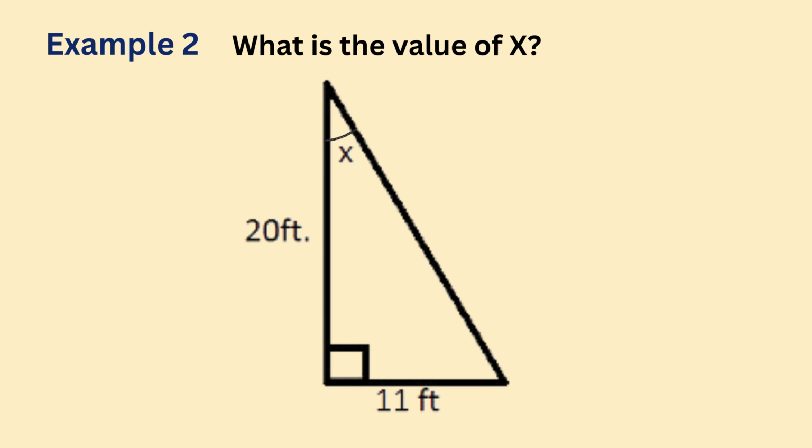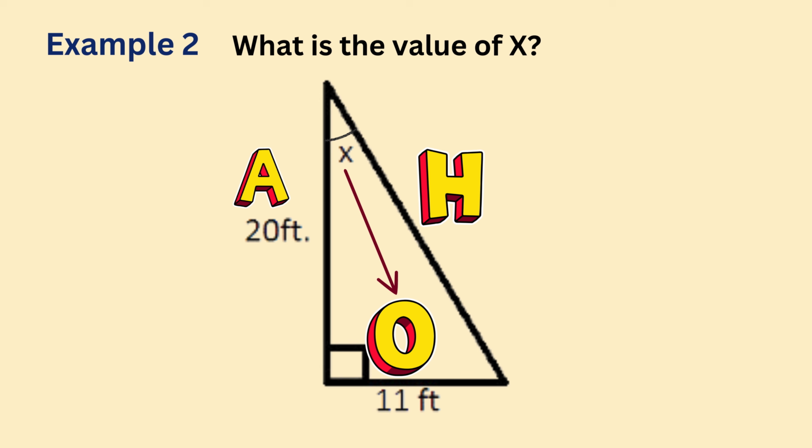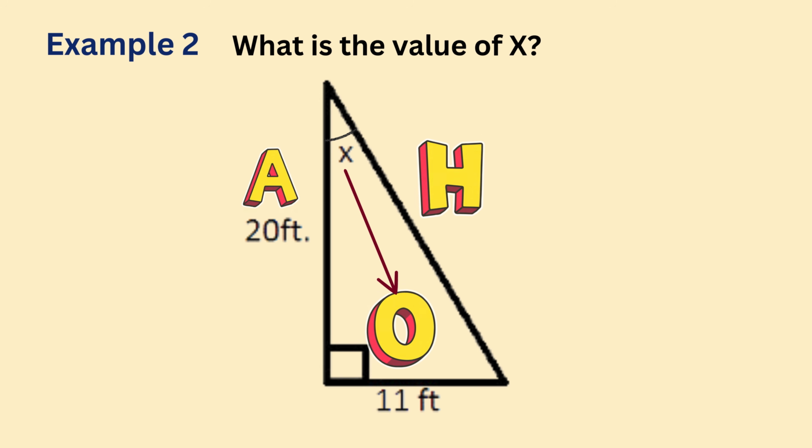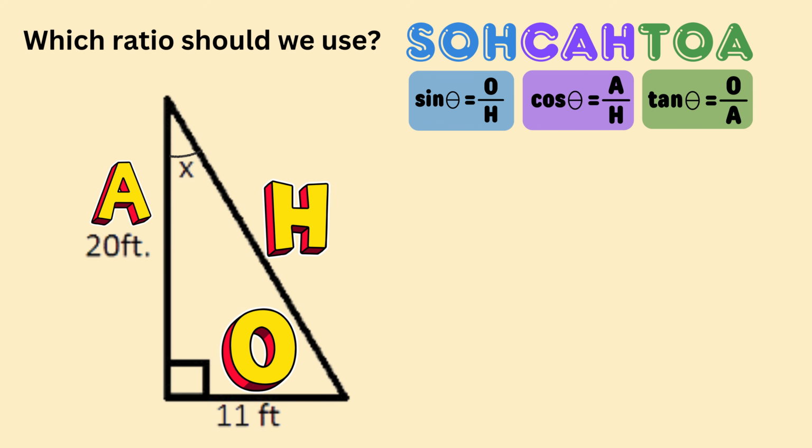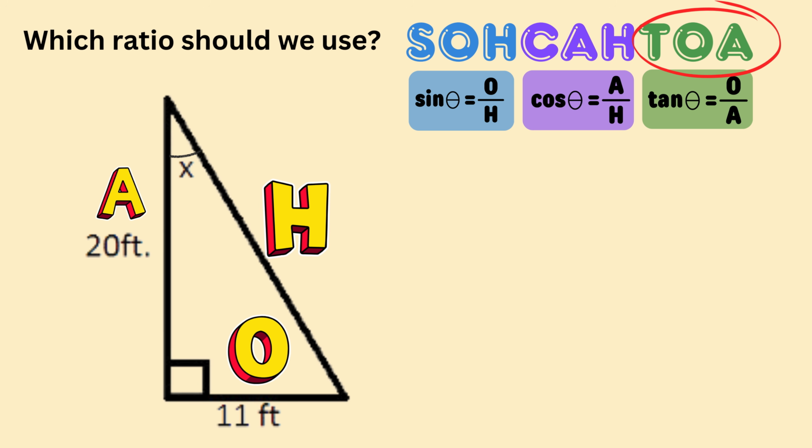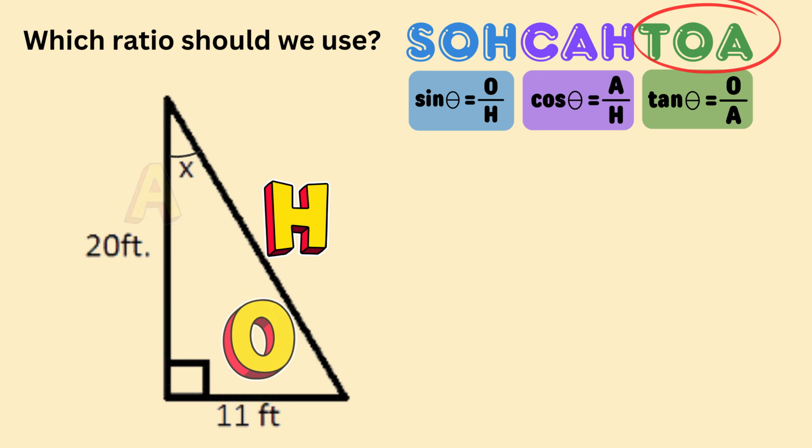Here is another example. Let's label the sides relative to angle X. Again, the hypotenuse side is the longest. The adjacent is the closest side to X, while the side opposite to angle X is 11 feet. Now, which ratio has O and A? You are correct, the tan ratio, which states that tan theta equals opposite over adjacent.